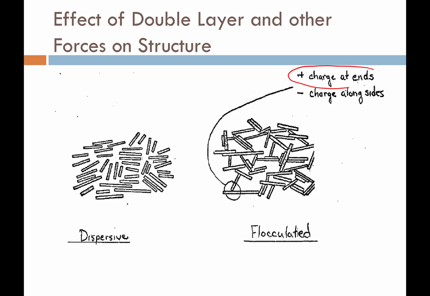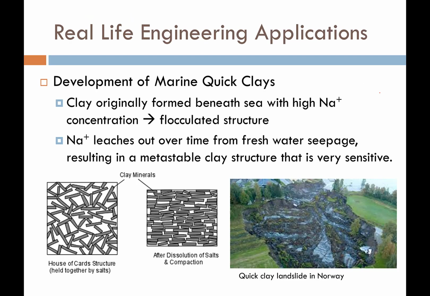That's because clay is positively charged at the ends and negatively charged at the sides. That's how it maintains its electrical balance. If it wasn't so, then the universe would be out of balance and we'd probably all disappear and die. I don't know, I'm just making that up, but you get my point.